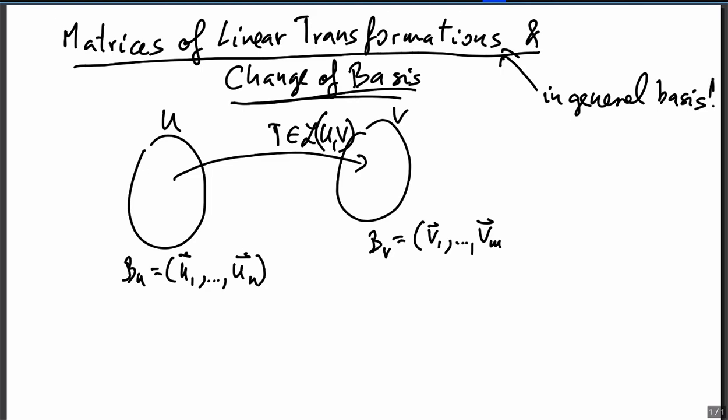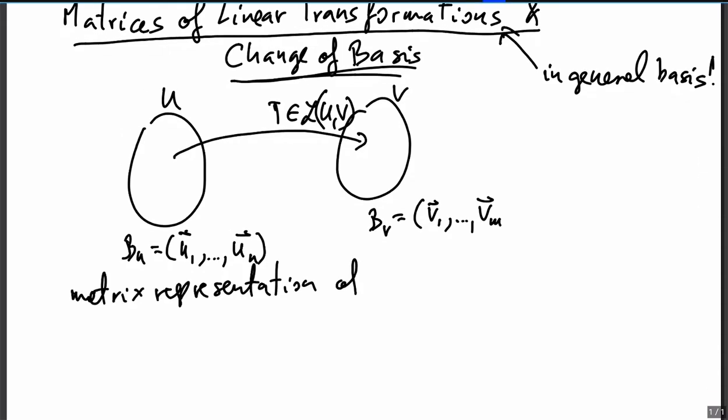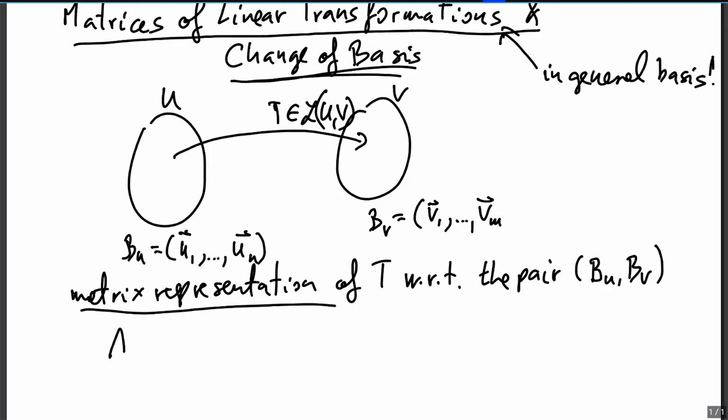And what we did before is to define a matrix representation of transformation T with respect to the basis pair, the pair of bases BU, BV. Notation A, it's supposed to be an m by n matrix, and that it represents the transformation T. We note this with a bracket T, and then the bases are also important, BV, BU in the subscript is the notation.